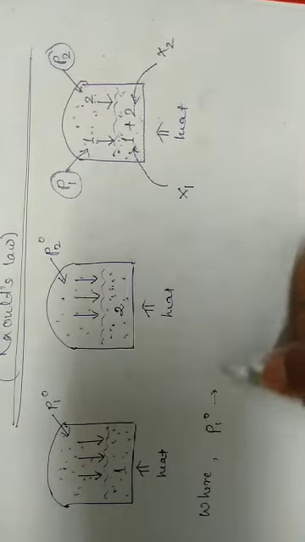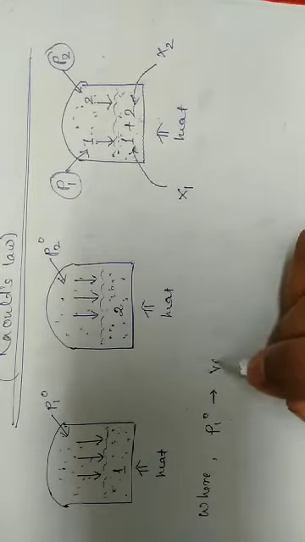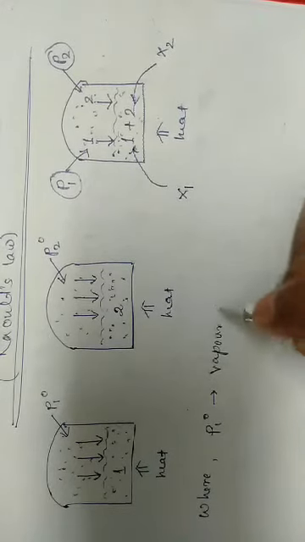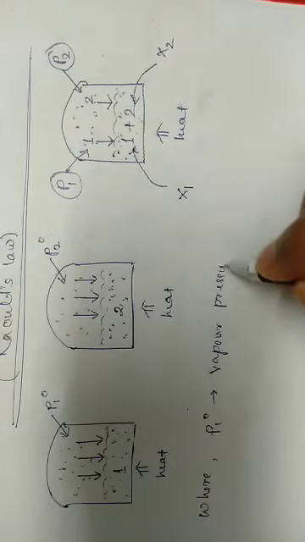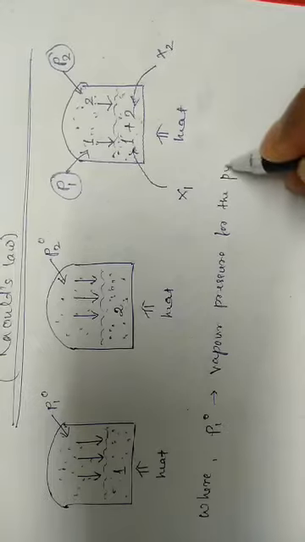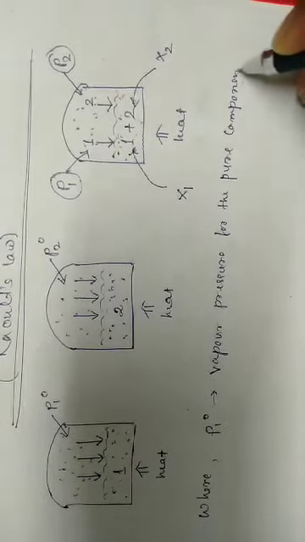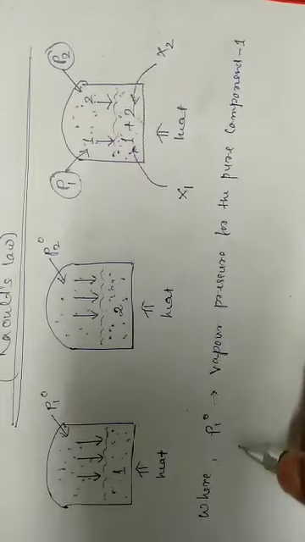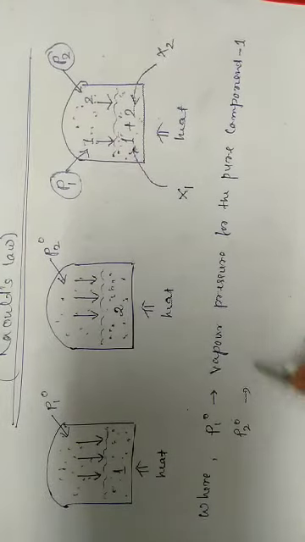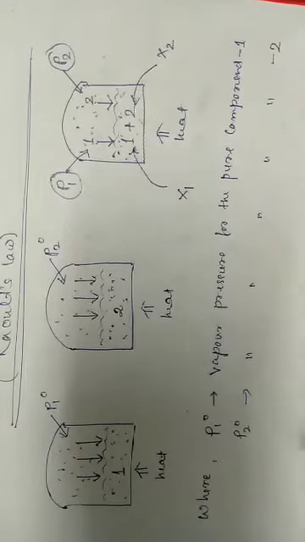So in this diagram, P1 naught is known as the vapor pressure for the pure component 1. Similarly, P2 naught is the vapor pressure for the pure component 2.